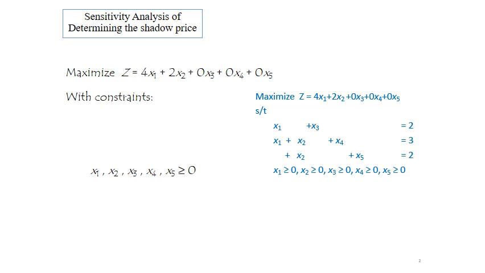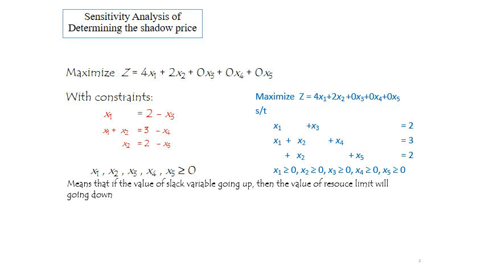So we will get the equation of x1 equals 2 minus x3 like this. And then we need to do that in all functions. So x1 plus x2 equals 3 minus x4, and then the last is x2 equals 2 minus x5.